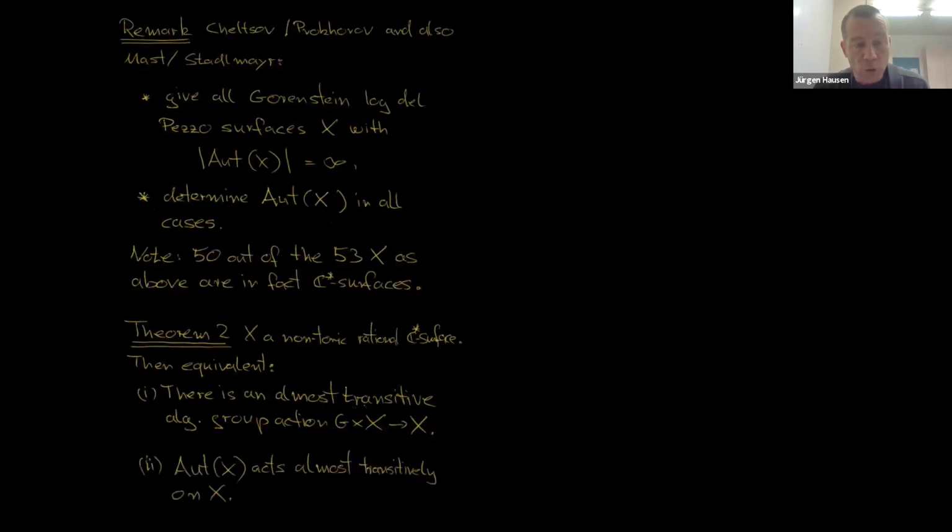The second is the automorphism group acts almost transitively. That means there is an open orbit. That's maybe not a big thing so far, but we can describe this again in terms of data of the surface. The second characterizing statement is that our X has a quasi-smooth simple elliptic fixed point, say x minus, in one of the following cases.